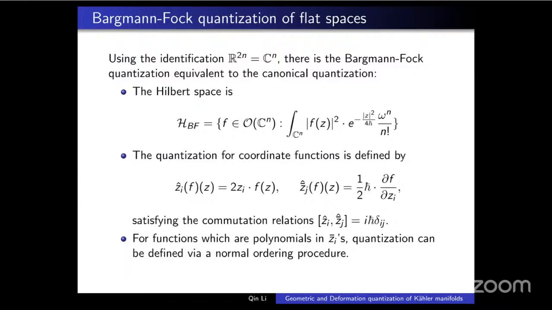And then if you have an anti-holomorphic function, that plays the role of a differential operator. They also satisfy the commutation relation similar to the one on the previous page. And similarly, for functions which are polynomials in the Zi bars, the quantizations can be defined via a normal ordering procedure. Namely, you put differential operators first and then you multiply.